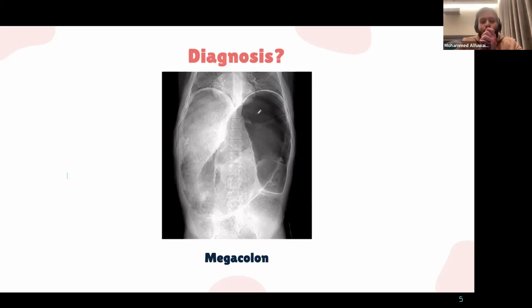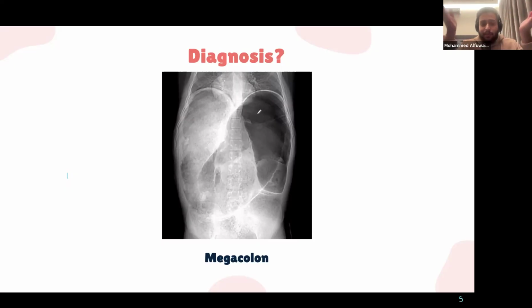Now, for treatment, management, very generally speaking, when you have a patient with either small or large bowel obstruction, the first thing you need to do is you stabilize the patient. What does that mean? You give them IV fluids. You do not want to give them anything in the mouth. Good, non-peroral, NPO.